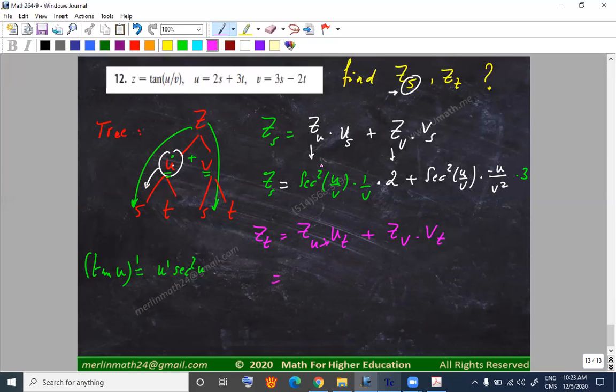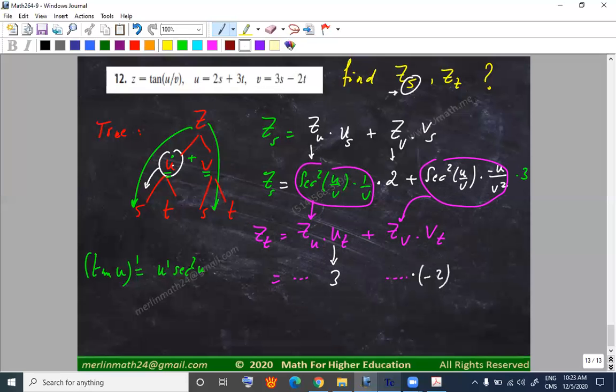This is exactly Z_U, and this is exactly Z_V. It's so easy. You only have to put the same dots. So how much is U_T? It's so linear, it's 3. And V with respect to T is minus 2. Any question? It's all good.